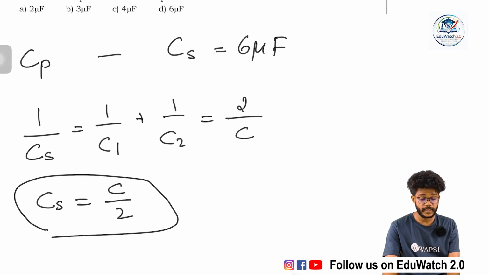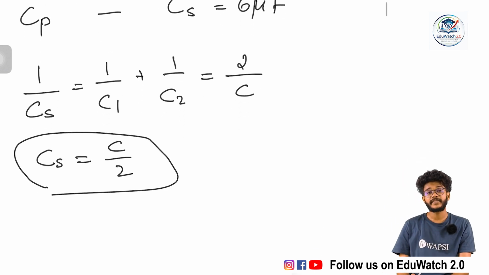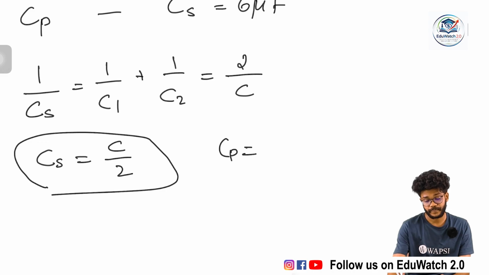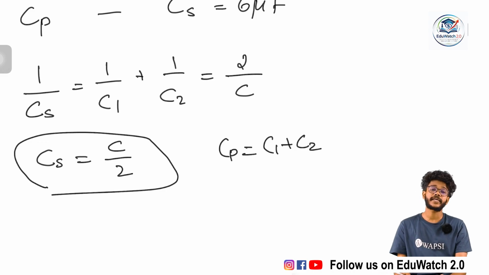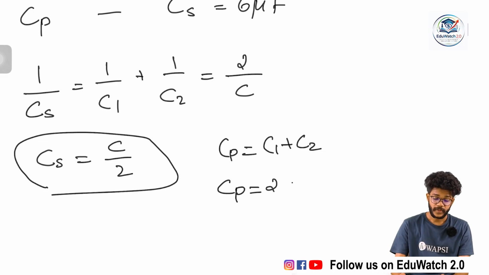Next, we want to calculate the Cp. When the capacitors are connected in parallel, we are just adding the values. So Cp is equal to C1 plus C2, and since C1 and C2 are equal, that is C, so Cp is equal to 2C.